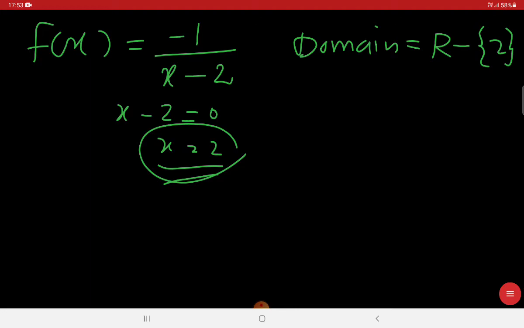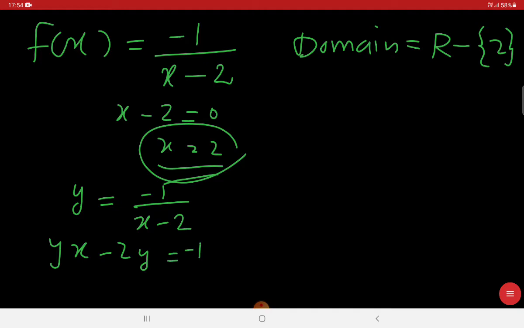Now we have to find the range. So what we have to do? We have to express x in terms of y. So y is equal to minus 1 by x minus 2. Just cross multiply. So yx minus 2y is equal to negative 1. We have to get x now. So keep yx on the left side. Take minus 2y to the RHS. So it becomes minus 1 plus 2y.